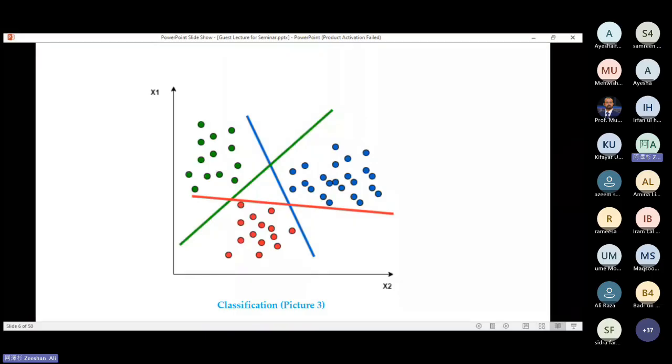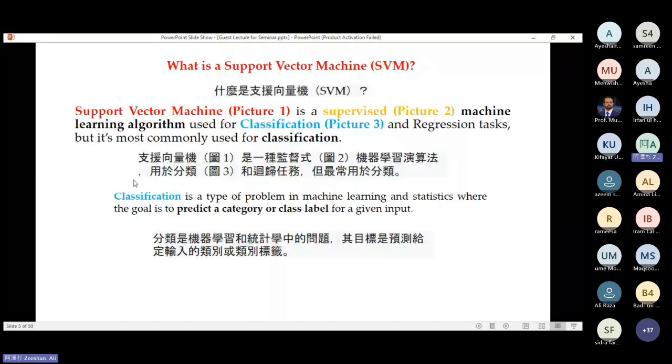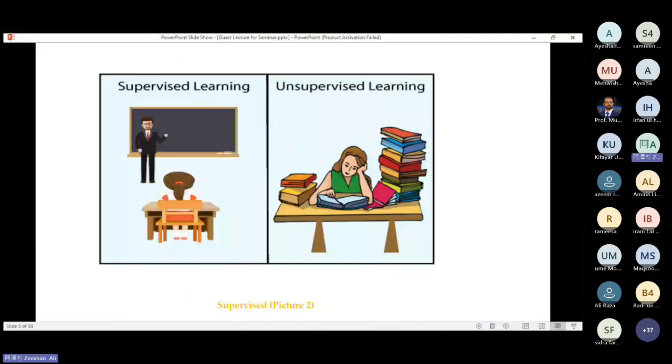But sometimes we have clusters in 3 dimensions, in 4 dimensions, so we separate them with the help of hyperplanes, okay? So what is classification? Classification is a type of problem in machine learning and statistics where the goal is to predict a category or class label for a given input. So actually in classification we categorize the data into different categories. Okay, we will explain in the next slides.